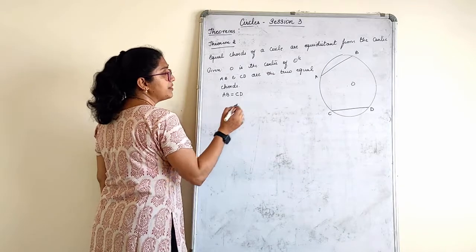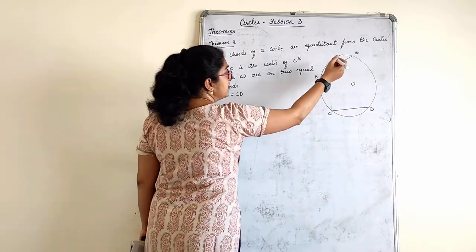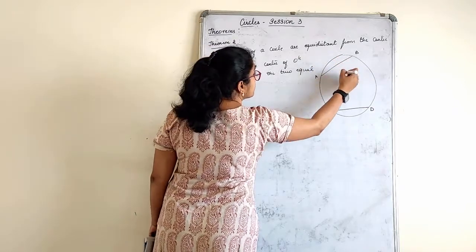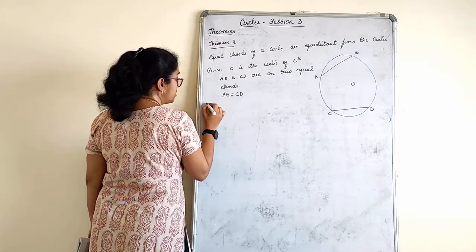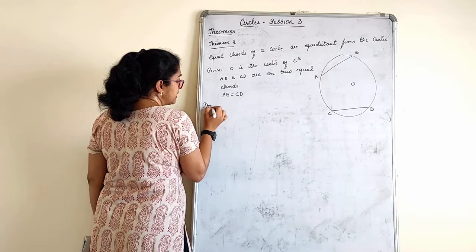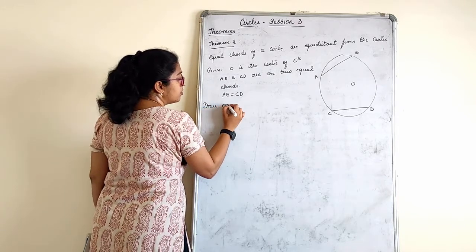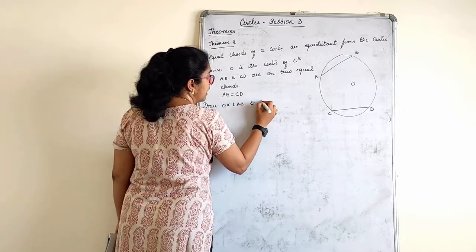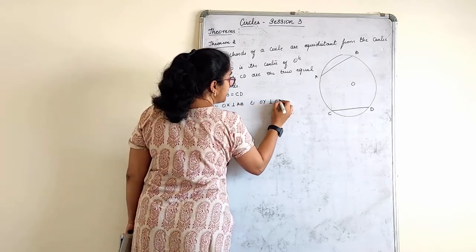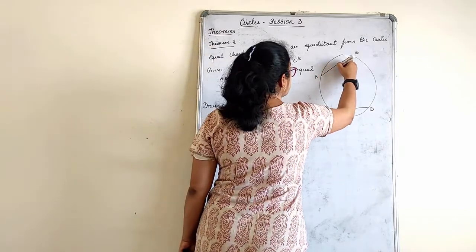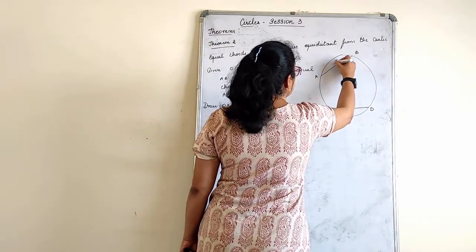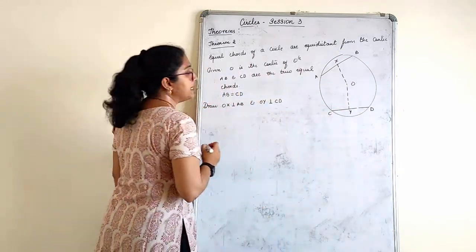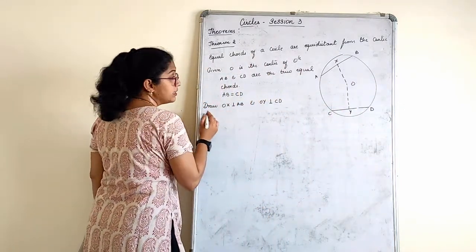What we have to do? To show they are equidistant from center, let us consider one point here. It's not a construction, but we can say draw OX perpendicular to AB and OY perpendicular to CD. Right?